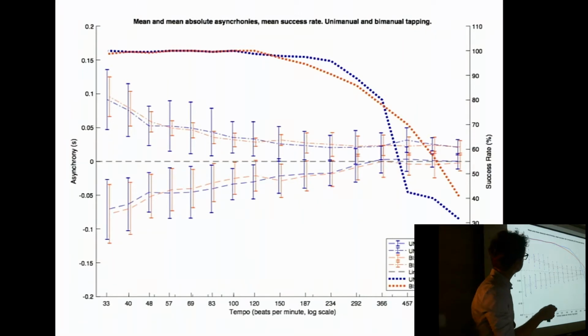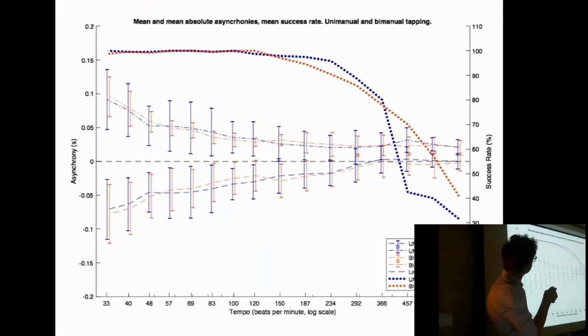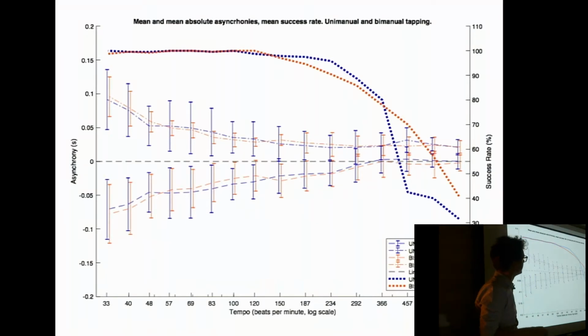As you can see, there's nearly perfect performance on average until around 187 BPM, where both modalities start declining in terms of success rate. Around the 4 fastest tempi, you probably start getting closer to the biomechanical limit of unimanual tapping, and so unimanual tapping declines significantly faster than bimanual tapping.